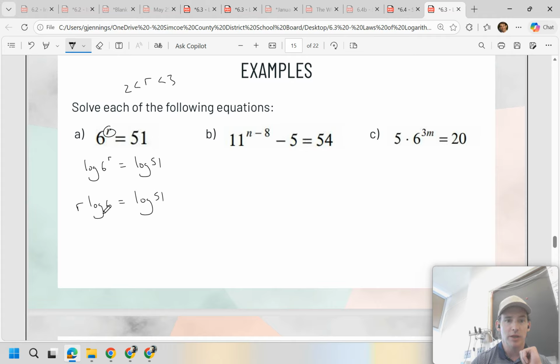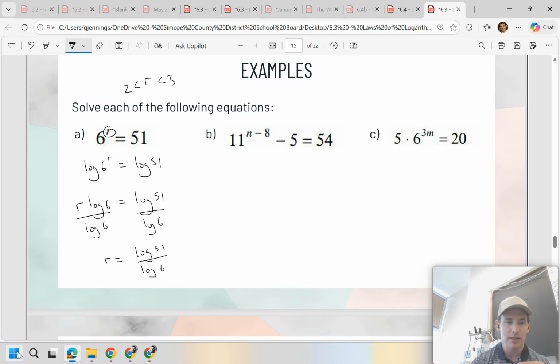And then here, log 6, I mean, that's just the number that you have to raise 10 to get the value 6. It's going to be a little less than 1. Anyway, we're just going to divide by log 6. And then that gives us our exact value for r. So that would be log 51 over log 6.